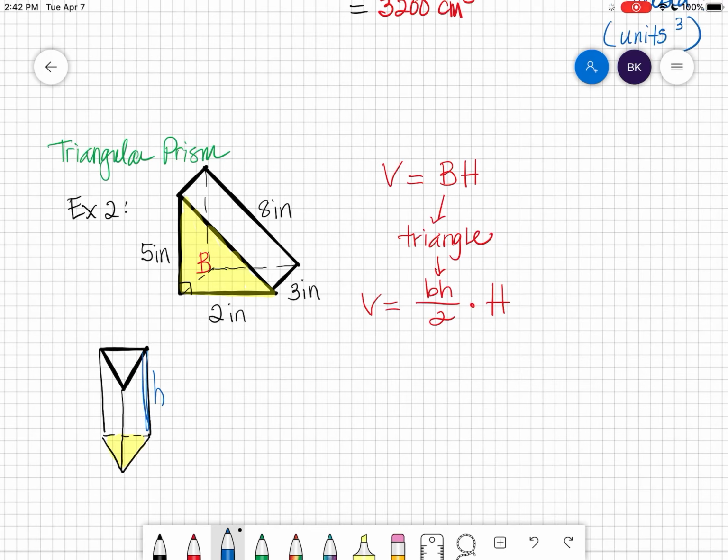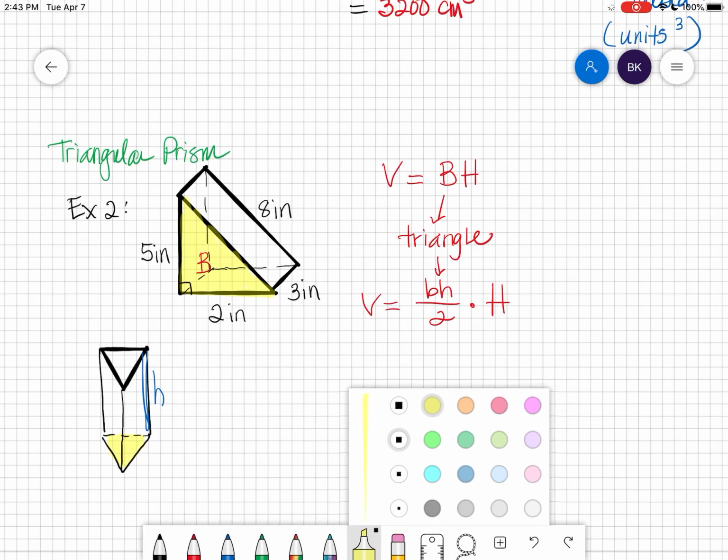So let's go back to the example. The formula stays the same: area of the base times the height. Since the base of the triangular prism is a triangle, we are going to write our formula down: area of the triangle, which is base times height divided by 2, times the height of the prism. Now, I'm going to use a highlighter, how about pink?